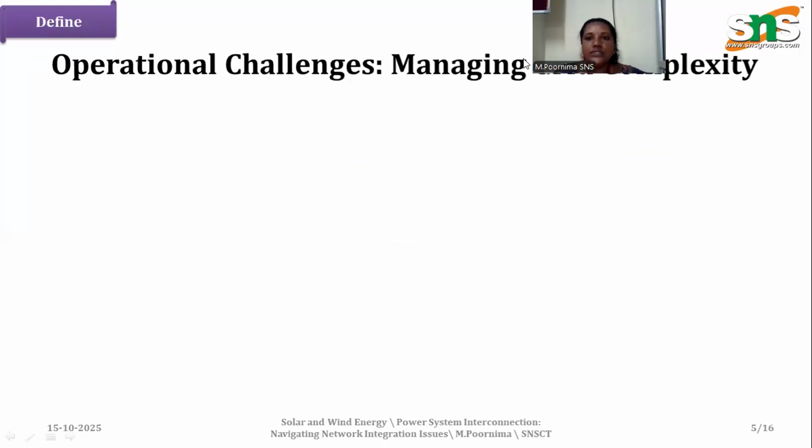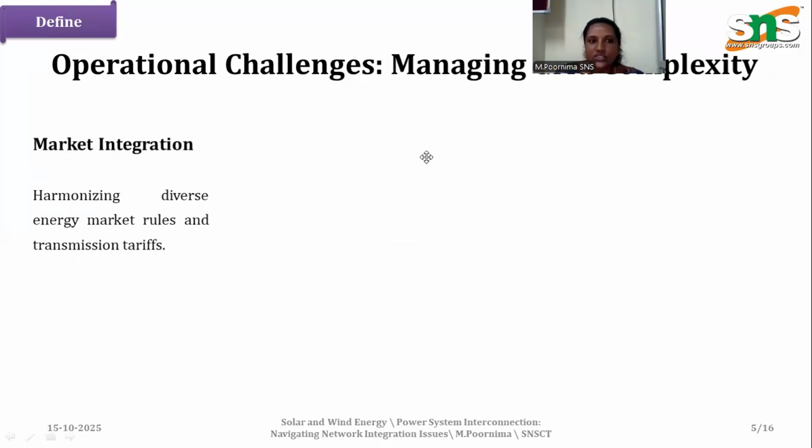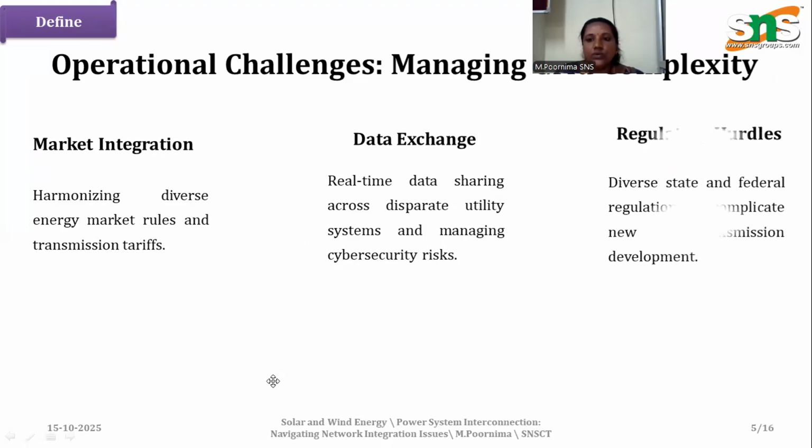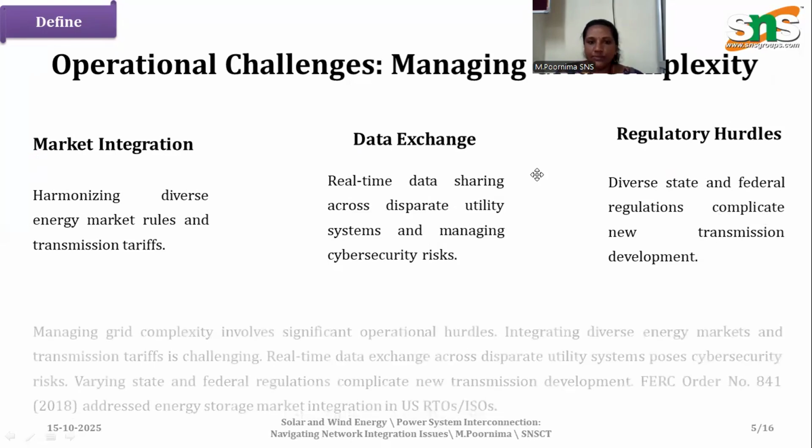What are the operational challenges? Market integration: harmonizing diverse energy market rules and transmission tariffs. Data exchange: real-time data sharing across disparate utility systems and managing cybersecurity risks. The third is regulatory hurdles: diverse state and federal regulations complicate new transmission and distribution development.